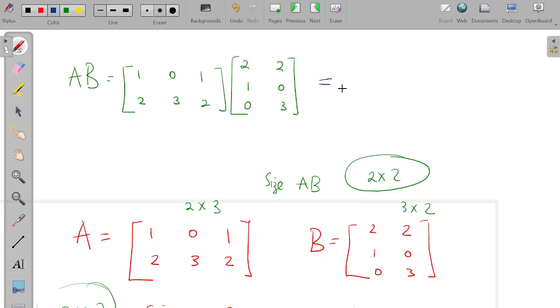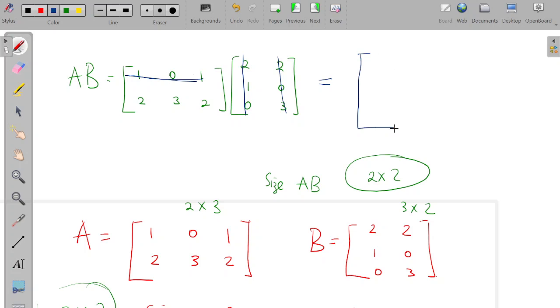Now, when we are multiplying two matrices, we multiply the row of the first one with the column of the second one. Row to column. So I start with this row, again with this, until I finish the columns of the second one before I go to the next row.